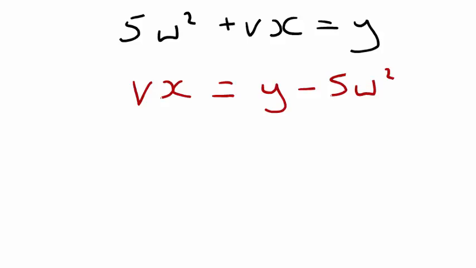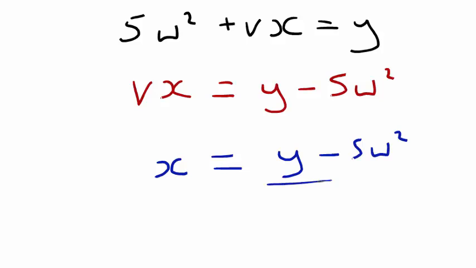It's taken it away from both sides. Now what we need to do is divide both sides by v, which leaves x on its own. So divide that side by v, and that equals y minus 5w squared over v. And that's the answer to the 6th one.